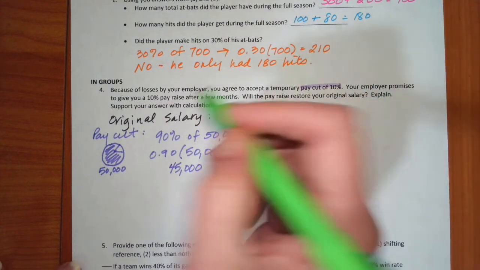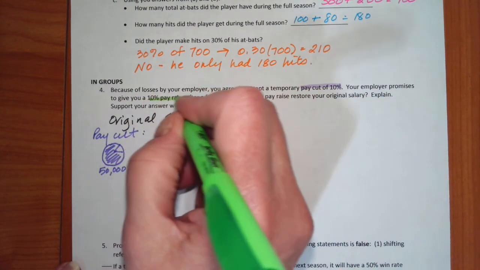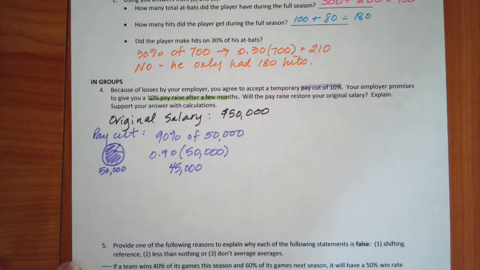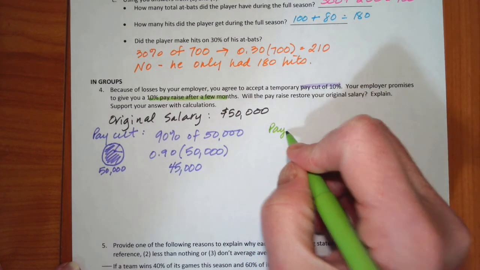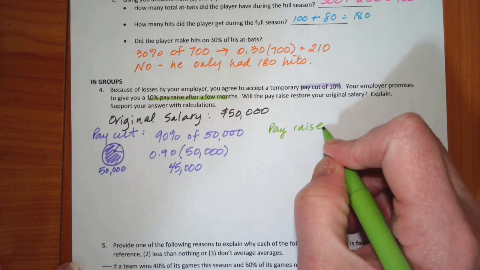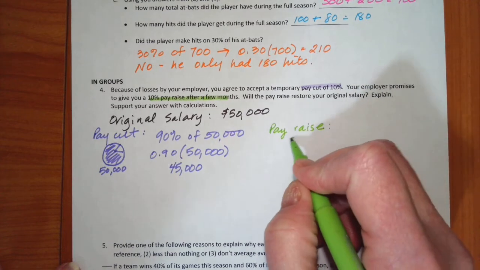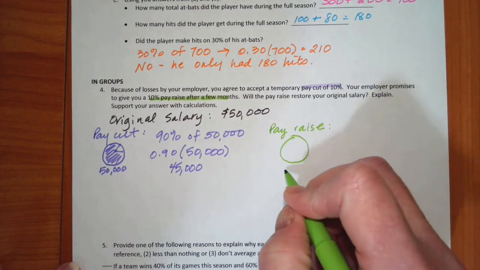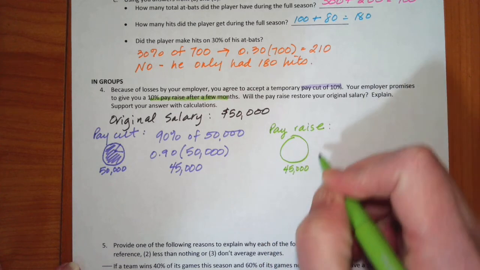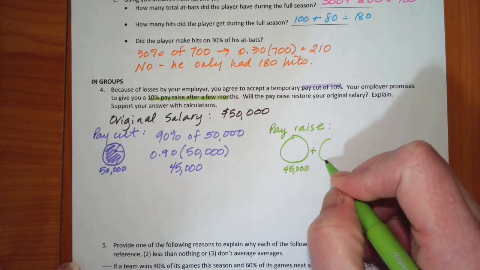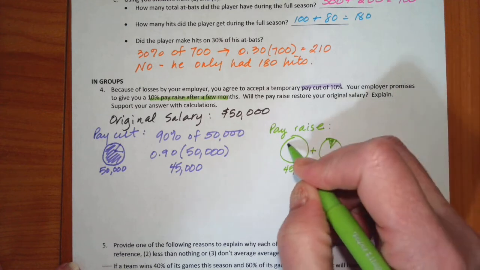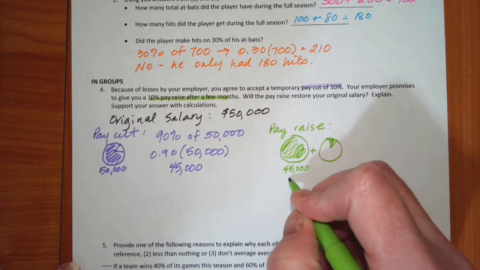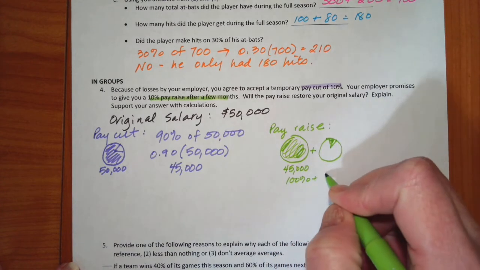If you have a 10% pay raise after a few months, what that means is now for the pay raise, you've got a reference value of 45,000 plus the 10%. So you've got 100% plus the 10%.